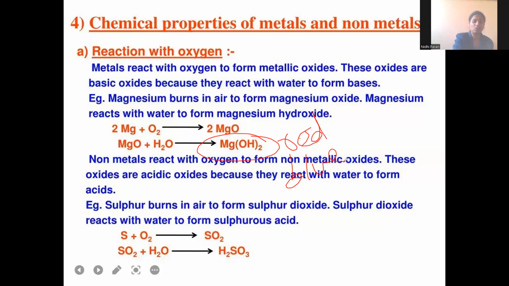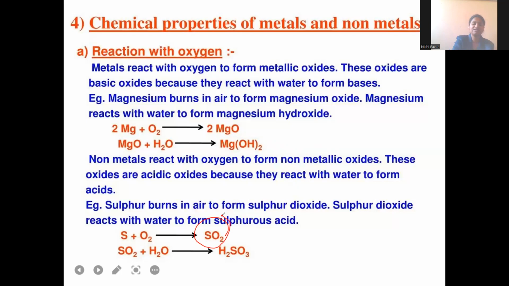Non-metals, when they react with oxygen, form non-metallic oxides. But these non-metallic oxides are acidic in nature. Why? Because when these non-metallic oxides dissolve in water, they convert into respective acids.